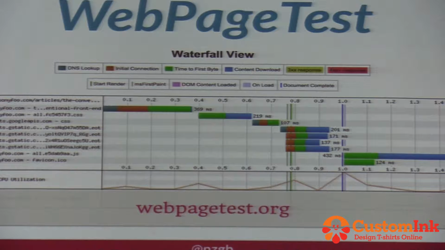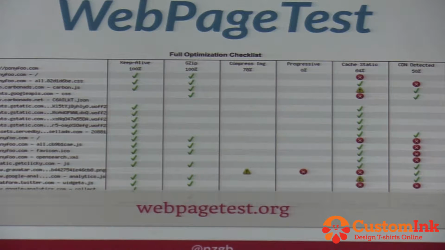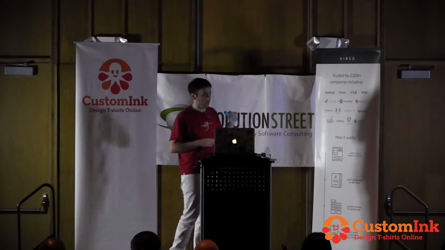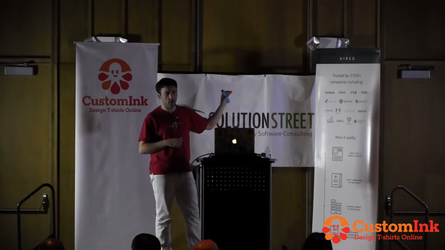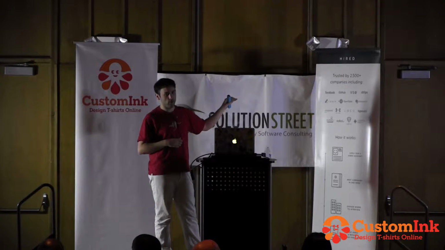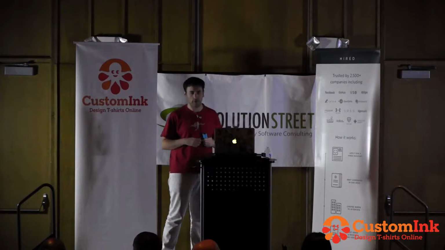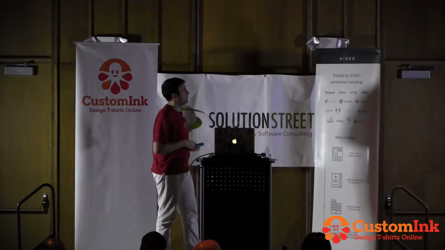You have a bunch of different views, like this one, which is the waterfall view, and here you can see the different resources and how they block each other. So here, for example, you can see that the HTML is blocking on everything, then the CSS is blocking everything else, and then the fonts, and then finally the content finishes loading the images and stuff.